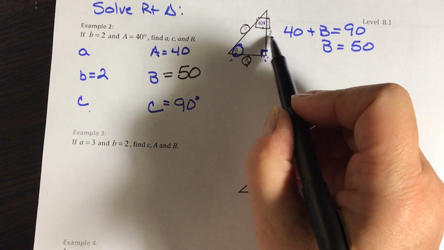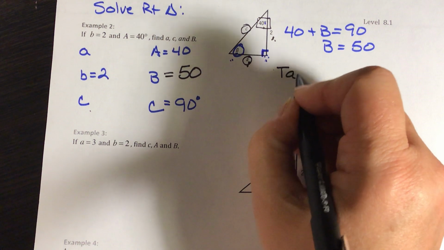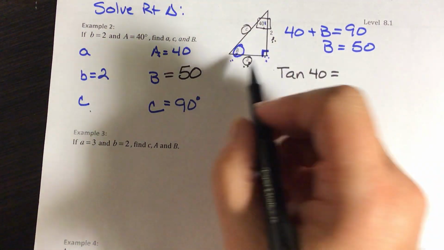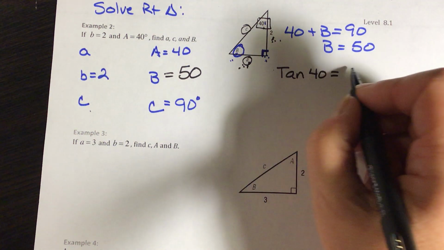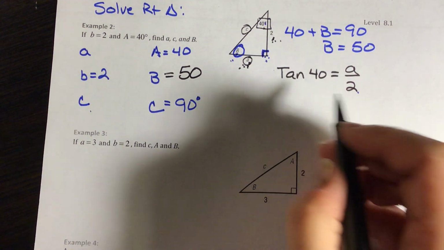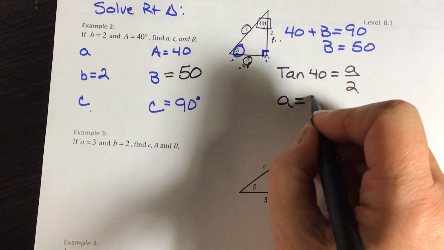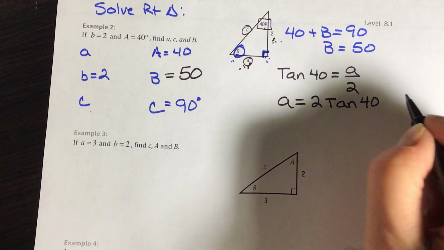Opposite and adjacent is tangent. So if I say I have tangent of 40 equals A over 2, opposite over adjacent, I can say that A is, if I multiply by 2, 2 times tangent of 40.